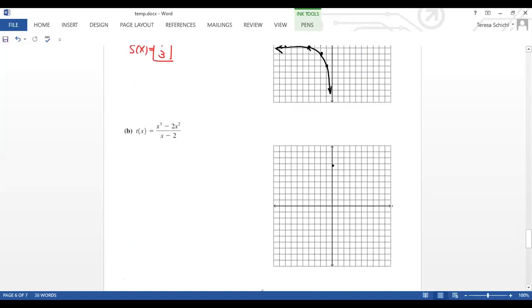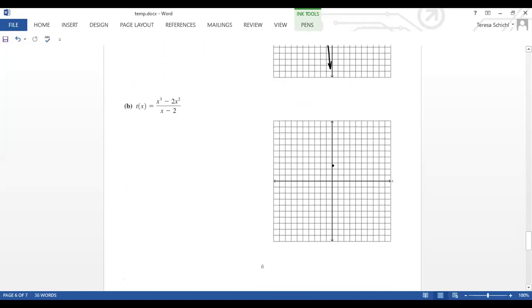Let's take a look at these functions again. This is the one, x cubed minus 2x squared. So that's step number 1, like always, factor, right? So this is the t(x), so let's factor it. You take x squared out, so then you will have x minus 2.